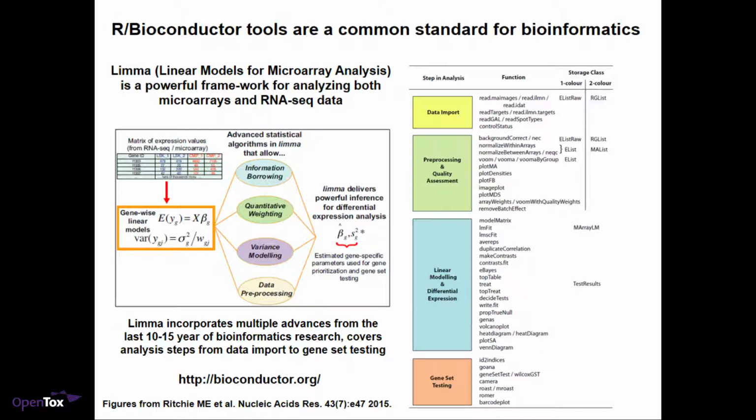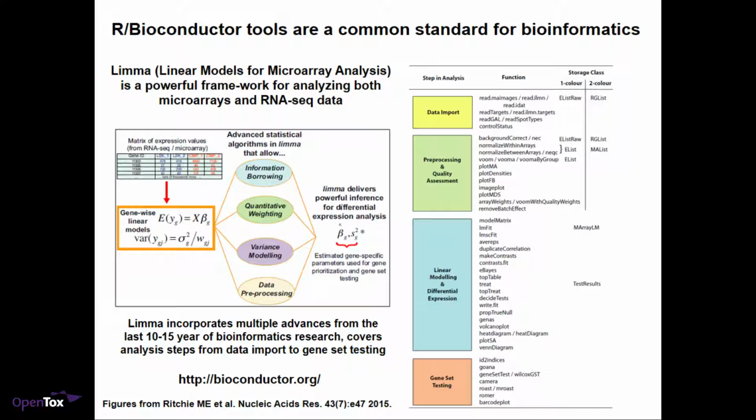So R in general is a statistical programming language, and one of the founding packages of Bioconductor is limma, and it has been specifically developed to deal with small sample sizes and to increase the power and specificity of analysis, even if you don't have huge amounts of biological replicates. Okay, and it's doing this by engaging, for instance, in information borrowing.